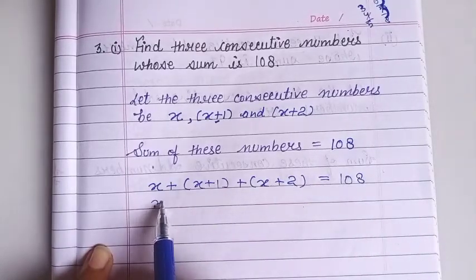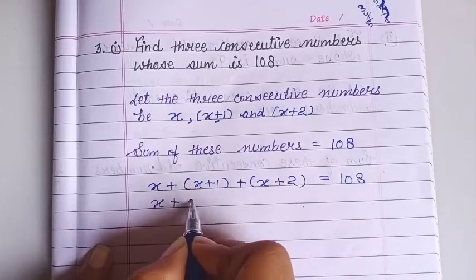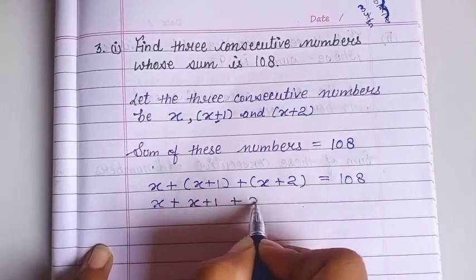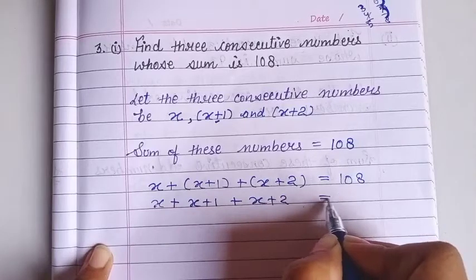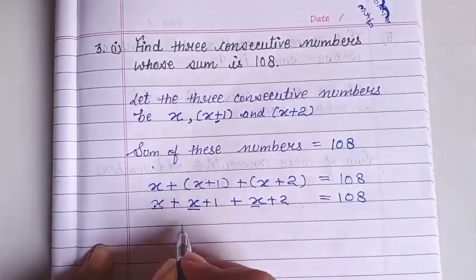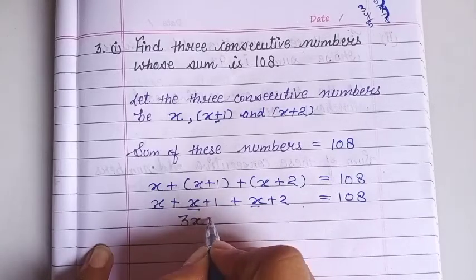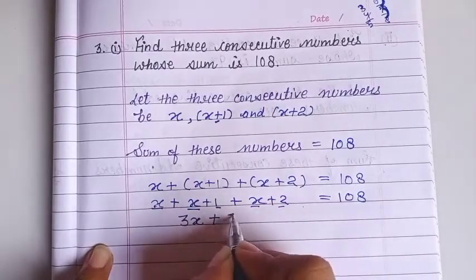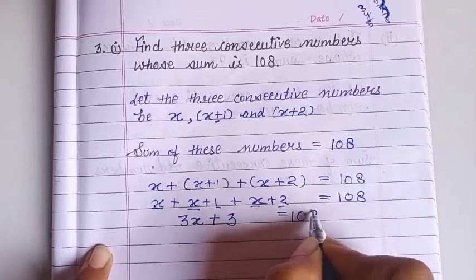Now open the bracket. x plus (x plus 1) plus (x plus 2) is equal to 108. x plus x, 3x plus 1 plus 2, 3 is equal to 108.